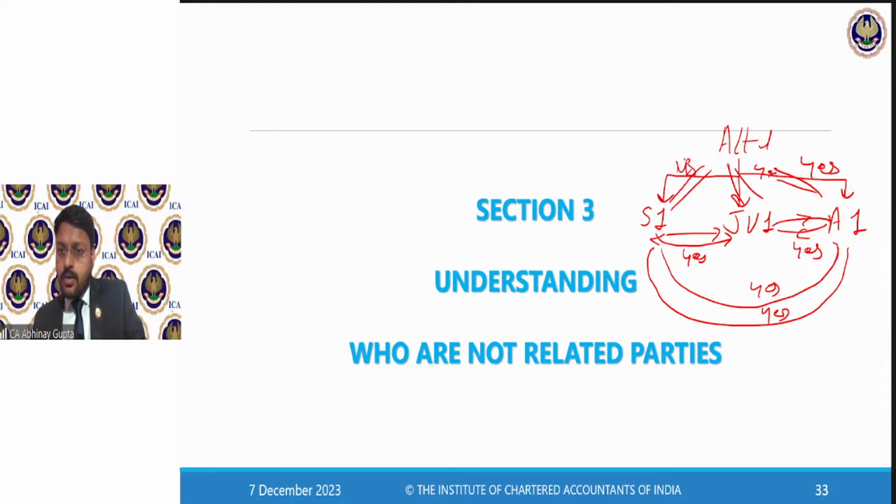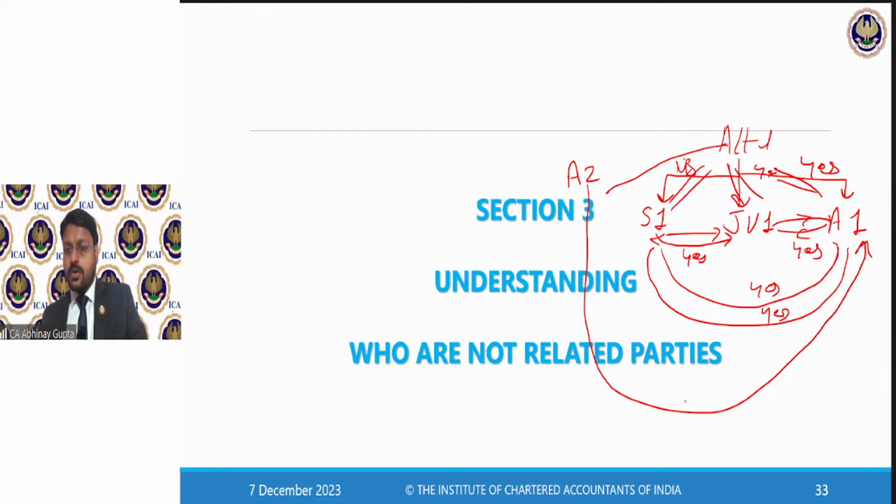Now, if there is one more associate, say A2, will this associate be related to associate 1, yes or no? No, right? Because here there is control, here it is joint control, and here it is significant influence. So either control plus SI or joint control plus SI entitles all these relationships.